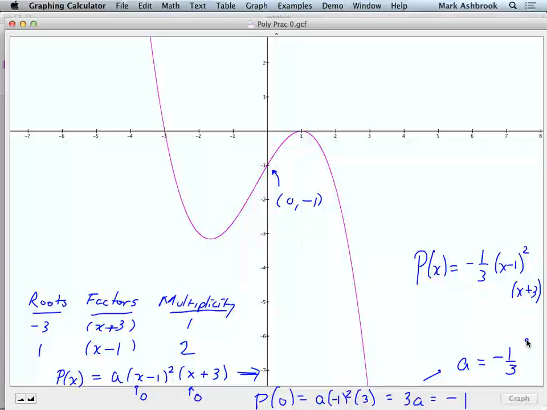Did I lose you? Yeah, Travis. I think you were on the right track, but where did I get off the track? Well, with the (x - 1) squared and times the (x + 3), because when you insert 0... Wait, never mind.